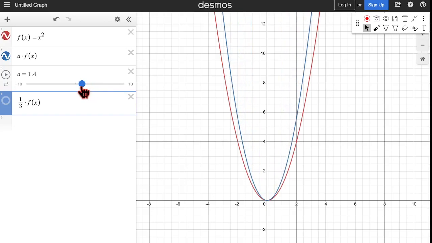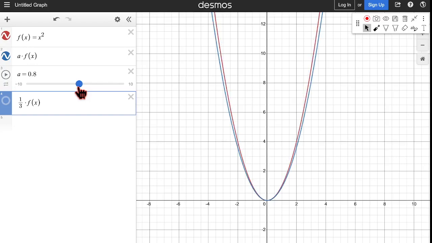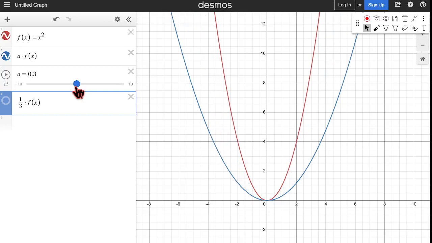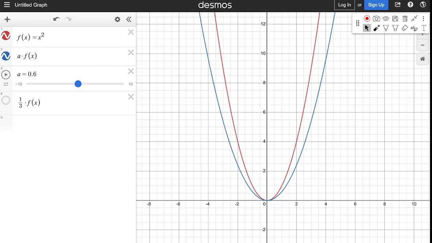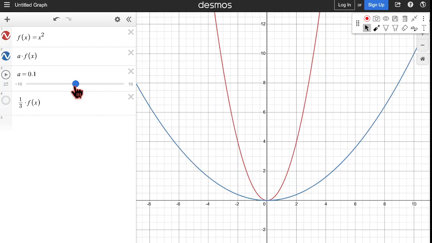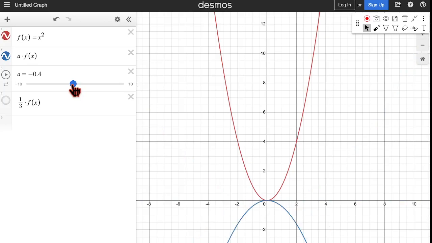Now this is a thing, it's not about being negative, but if it's less than 1, that's the reciprocal, and then we get a vertical shrinking. It's actually becoming the y value. So any particular y value is smaller. Now if we go below 0, then it becomes negative, and we should get a reflection, which we do.